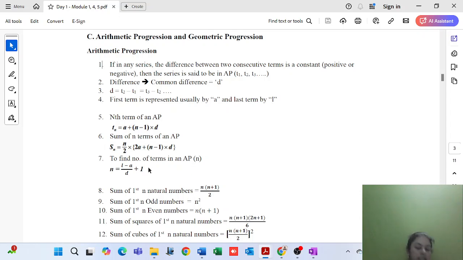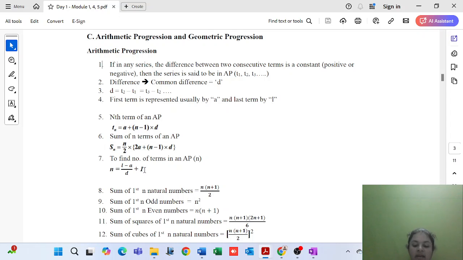And this is another formula which in some materials is not available, but please make a note of it. It is very helpful. To find how many terms there are in an AP, we will use n is equal to L minus A, where L is the last term, minus A, divided by D, plus 1. Why this plus 1?